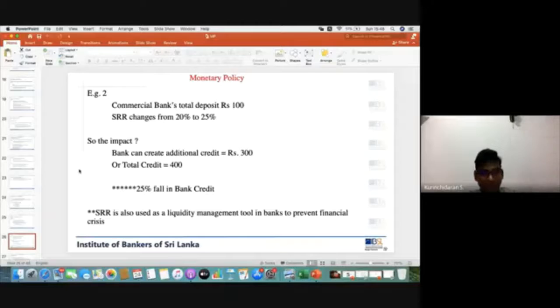How do you calculate? You can calculate 1 over 25% multiplied by 100. That means only 400 rupees you can create. So now bank credit has fallen by 25%. Right? So the central bank can control bank credit through SRR.